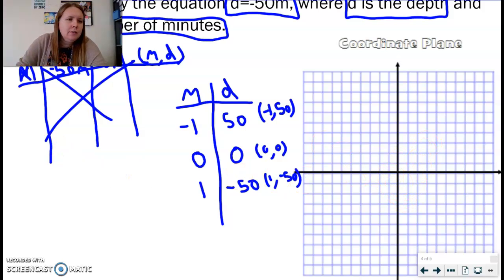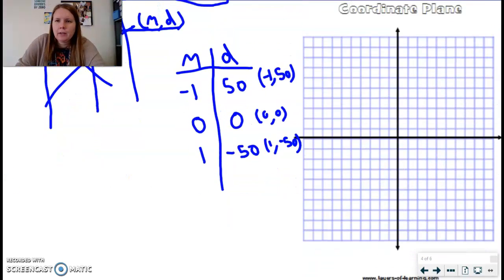So I gave ourselves a blank coordinate grid, completely blank. It's got the axes, but it doesn't have what values we're going up by. So I think, just for the sake of this, maybe let's go up by 10s. So I could go up by 10s, and I'm going to make increments of 10 on here.